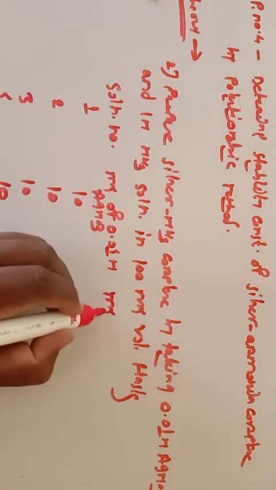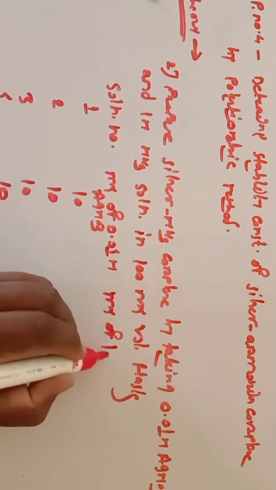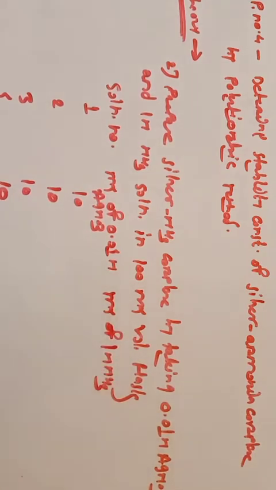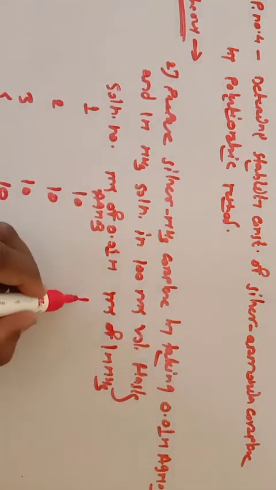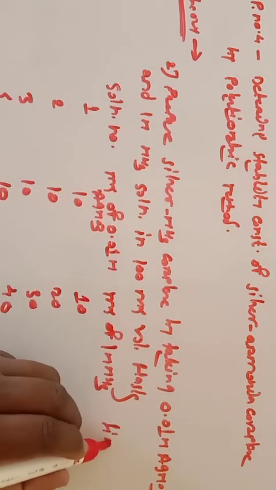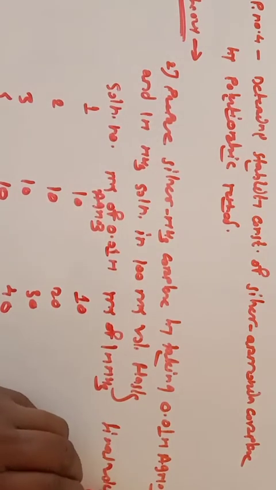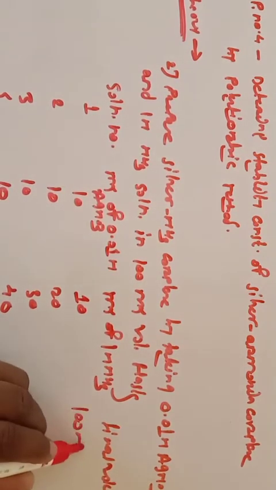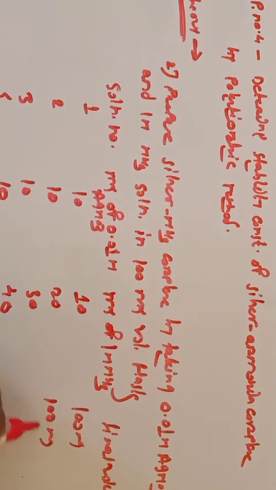And the second, the ml of 1 normal ammonia: you have to vary the volume of this 1 normal ammonia in each flask. That is, in the first flask you add 10 ml, then 20, 30 and 40 ml, and make the final volume 200 ml. So I have to dilute with distilled water and make the final volume with distilled water.